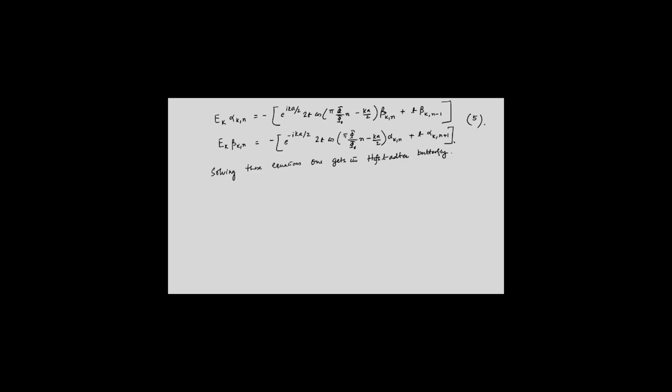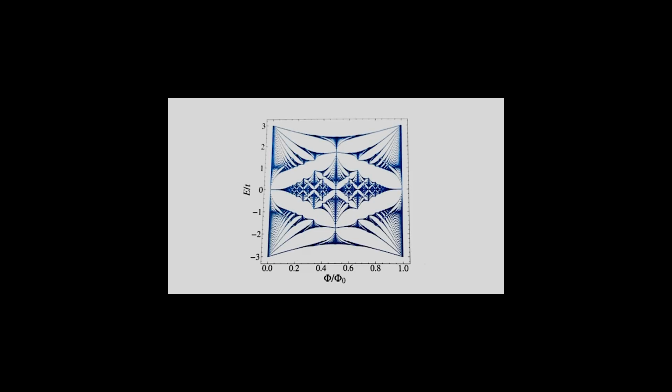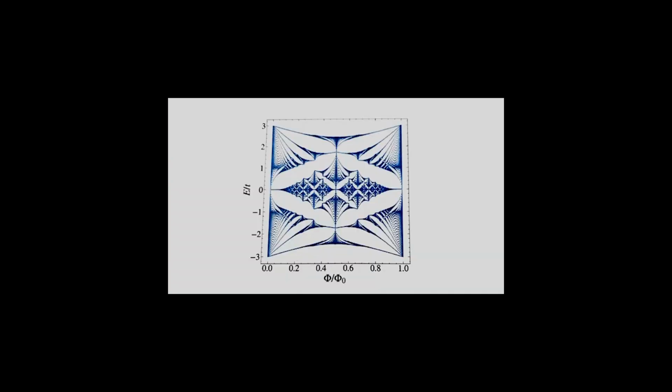This n is the band index, and what one gets is the following. One gets this energy. So, this is like an eigenvalue equation, and this eigenvalue equation can be solved, and one lands up with this energy as a function of the external flux.